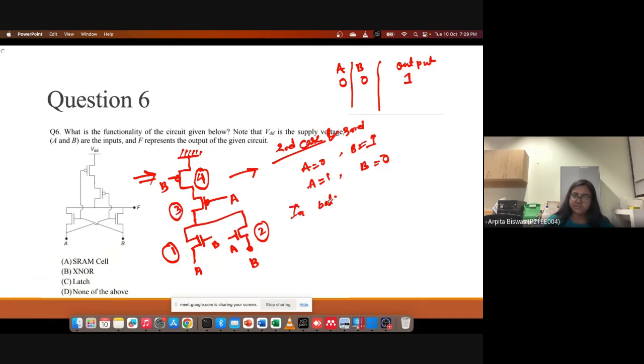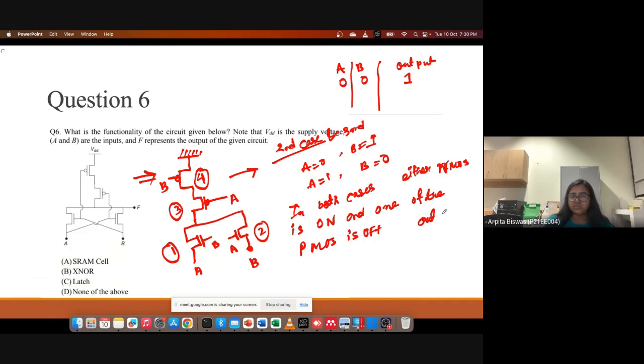In both cases, either NMOS is on and one of the PMOS is off. So what will be the output? Output will be 0. So if it is 0, 1 or 1, 0, the output will come out 0.